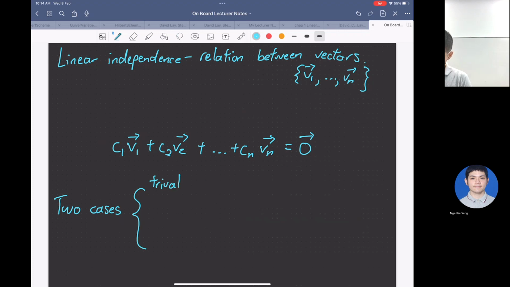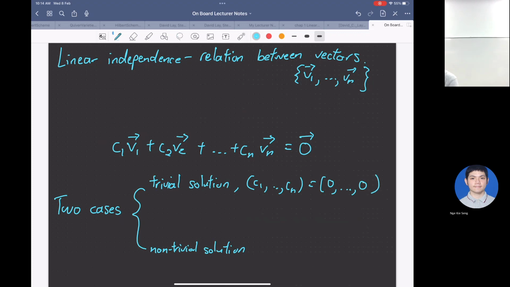Trivial solution means c1 up to cn are all 0. Non-trivial means at least one ci is non-zero.